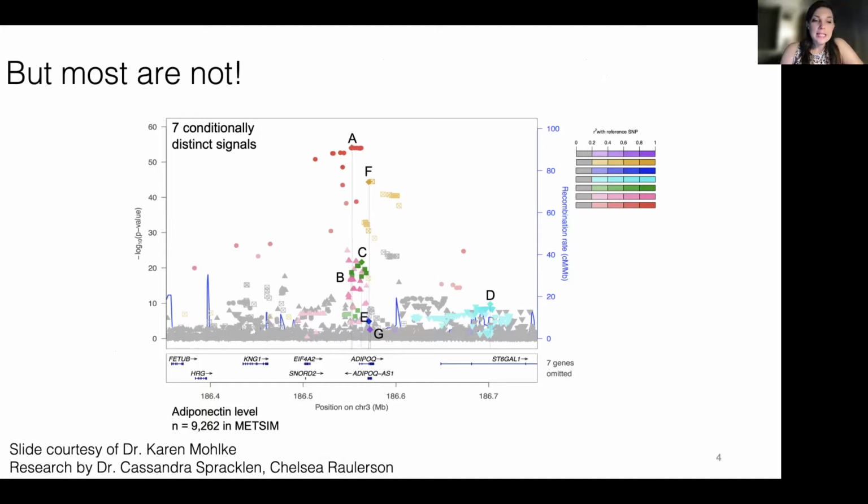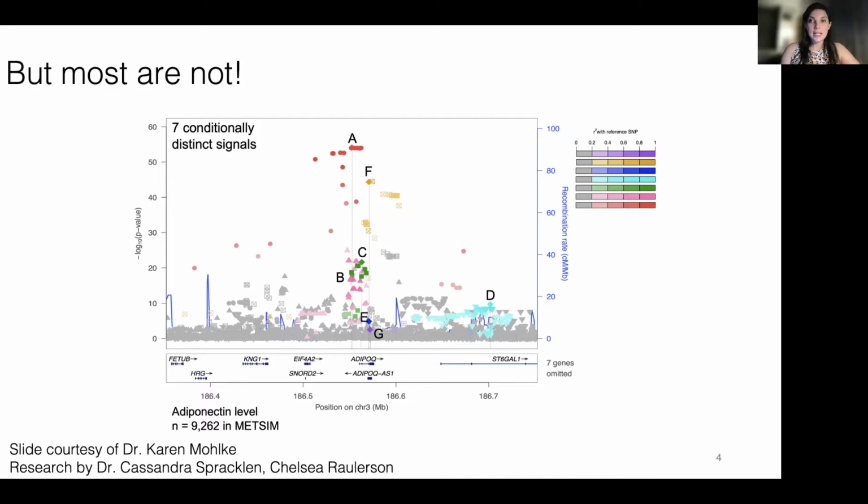So this is an example from the FUSION study, which is studying type 2 diabetes. And it's about 9,200 people from METSIM, which is a Finnish data set. And this is a LocusZoom plot. So the x-axis is just zoomed in on the genomic coordinates, and the y-axis is the p-value from the conditional analysis from GWAS. And so this is a GWAS for a quantitative trait, adiponectin levels.